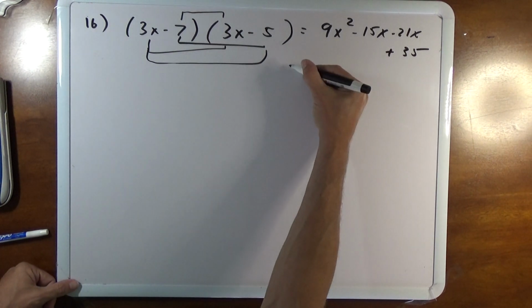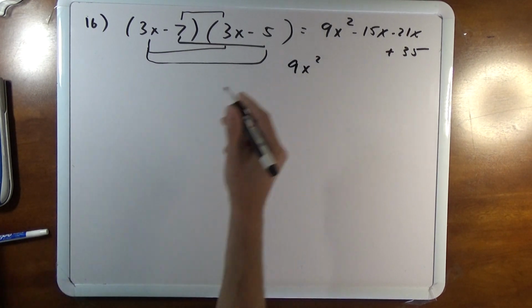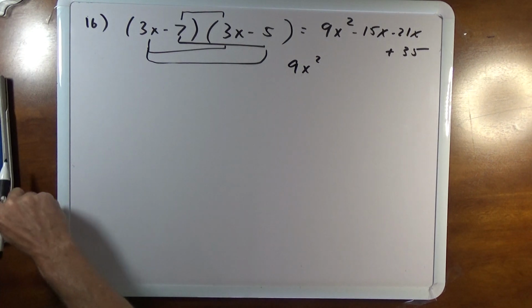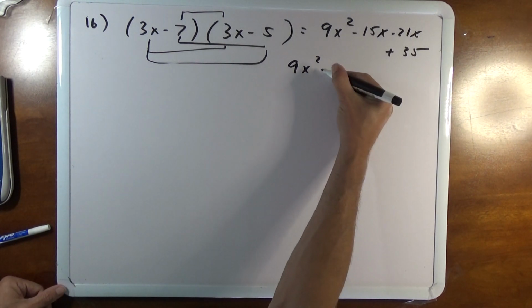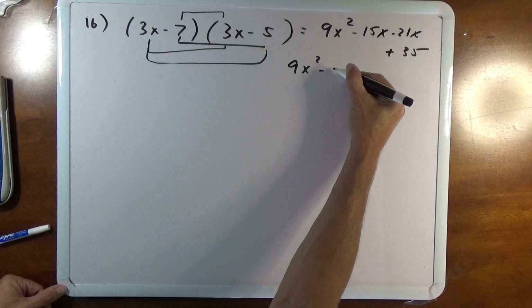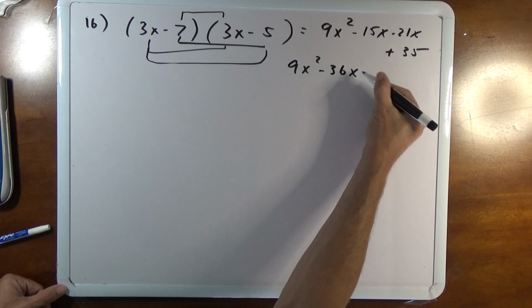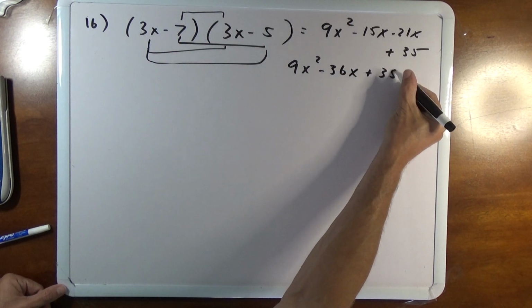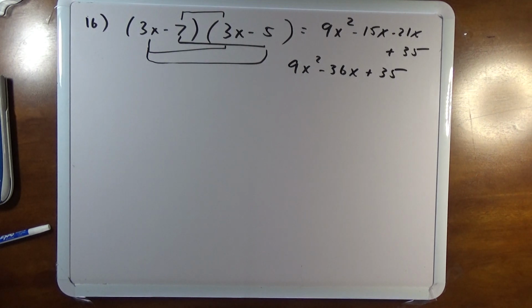So that's 9x squared minus, negative 15 minus 21 is negative 36x plus 35. Let me just look at it for a second. 9x squared minus 36x, okay, plus 35.